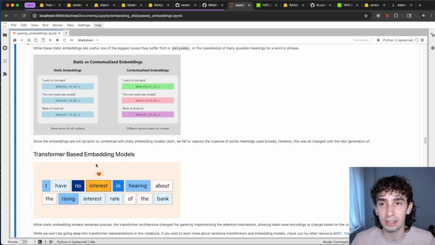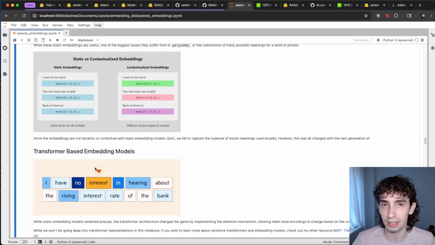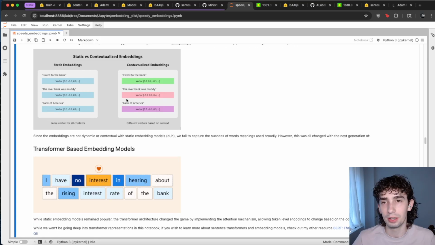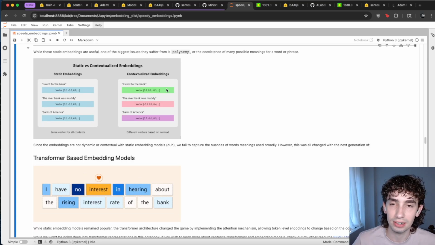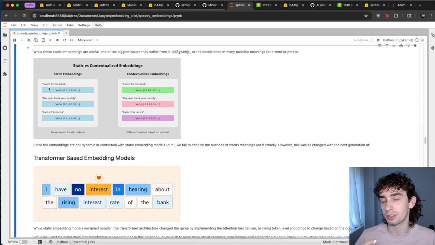Static, on the other hand, is going to have one assigned embedding for every single individual word or subword token level. So rather than calculating the entirety of the representation of the sentence every single time, we're essentially going to be creating a lookup table where each word or subword is going to have a corresponding vector that's learned through mass scale machine learning on a large corpus of text. How does this happen?